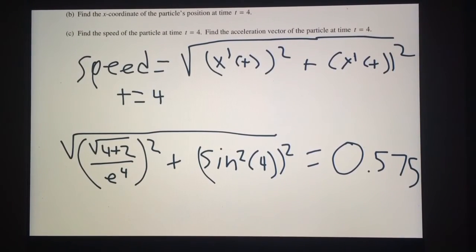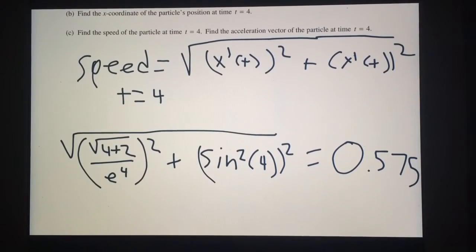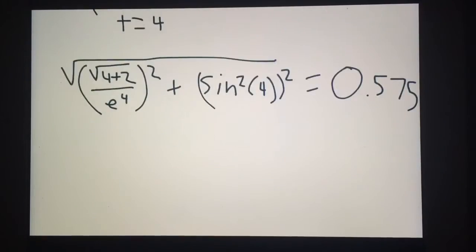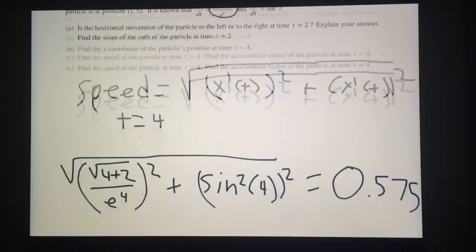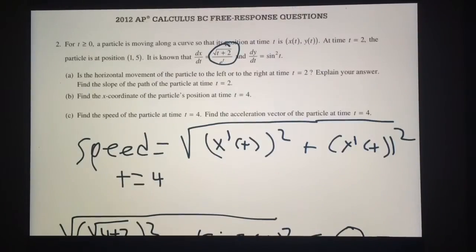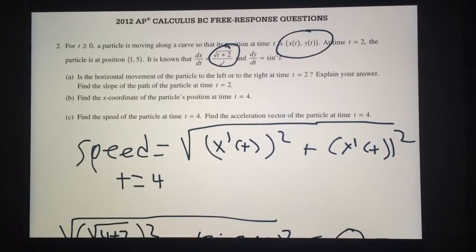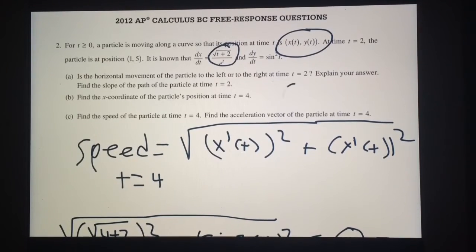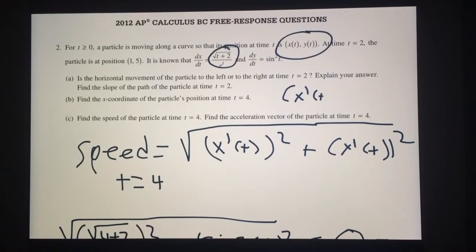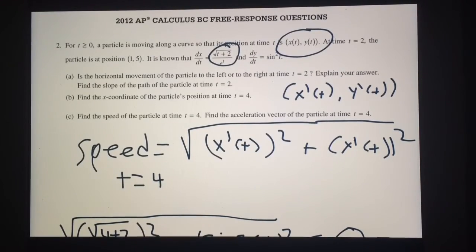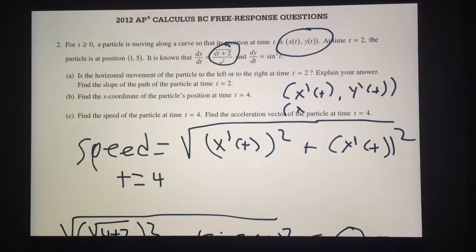Second part of the problem. Find the acceleration vector of the particle at time t equals 4. So the acceleration vector is just the vector that looks like this, but instead of x prime of t, y prime of t, it's the other derivative, x double prime of t, y double prime of t.